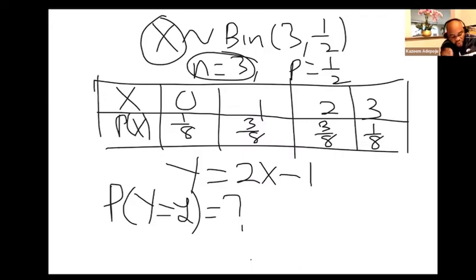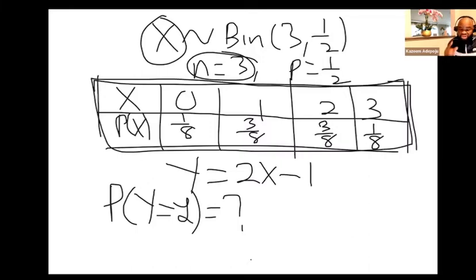You already know the probability mass function of the old variable x, which is the one that we have in the table here, when you toss a fair coin 3 times. But right now, we need to find the PMF of y, where y is a function of x. We have y equal to 2x minus 1.